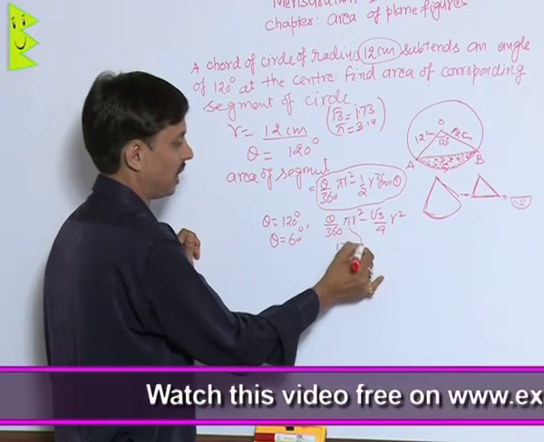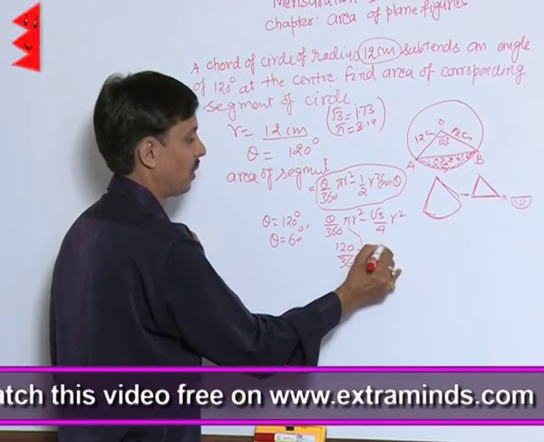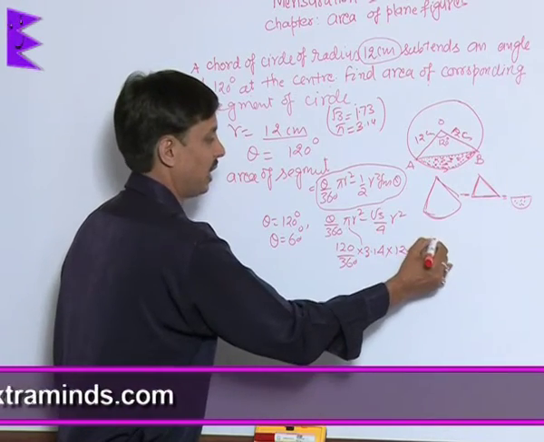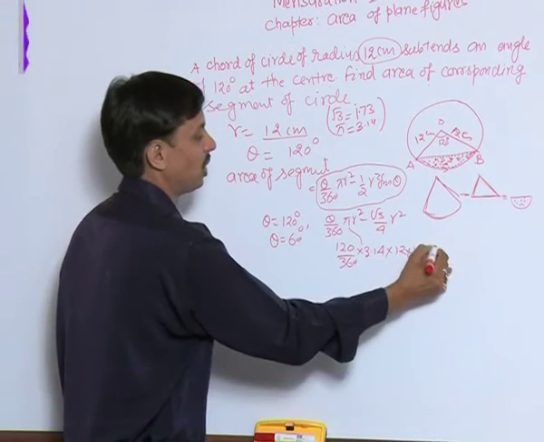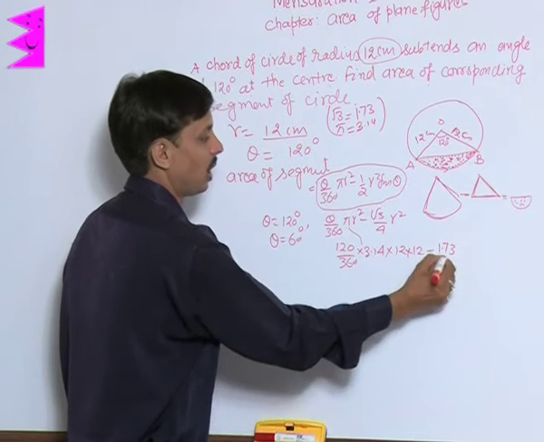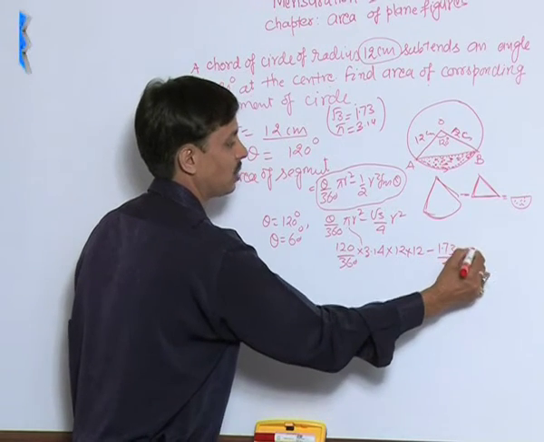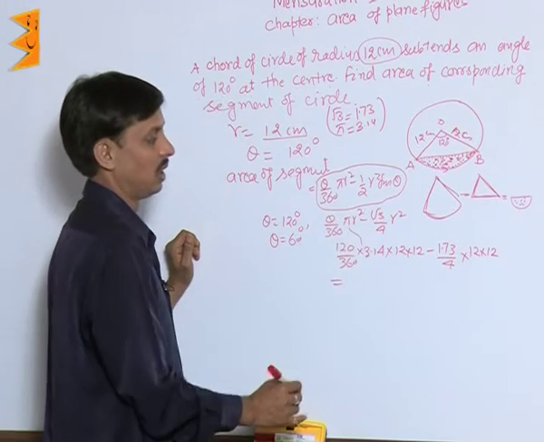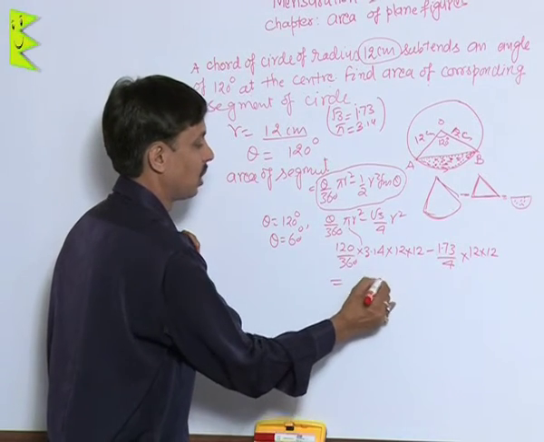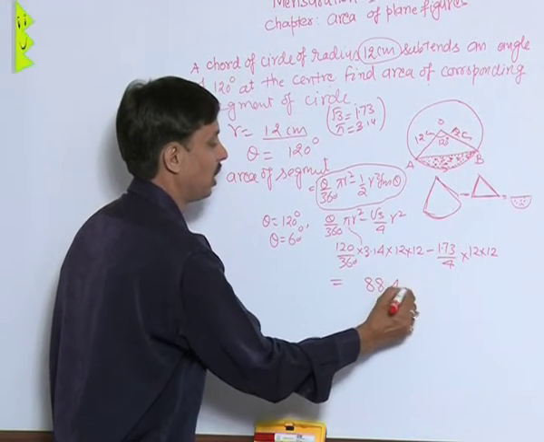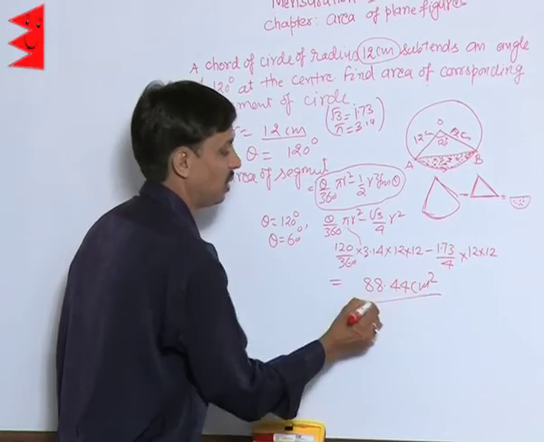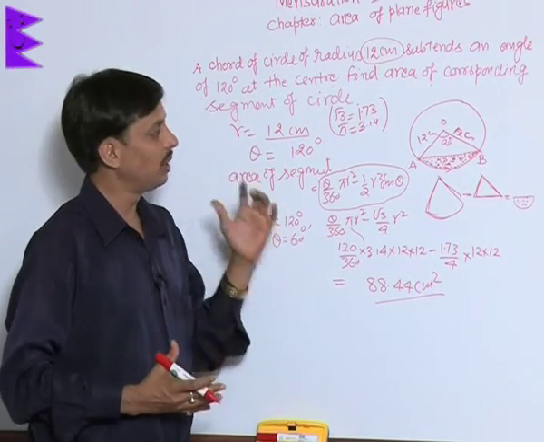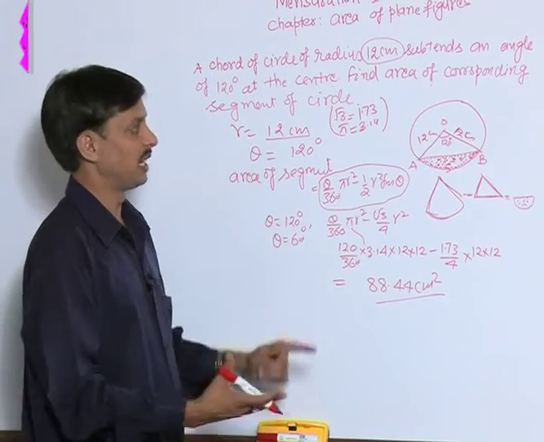So in place of pi, I can write 3.14, and radius square means 12 into 12, minus root 3, the value of root 3 is 1.73, upon 4, r square means 12 into 12. After simplification, we will get the answer: the area of the segment is 88.44 centimeter square.